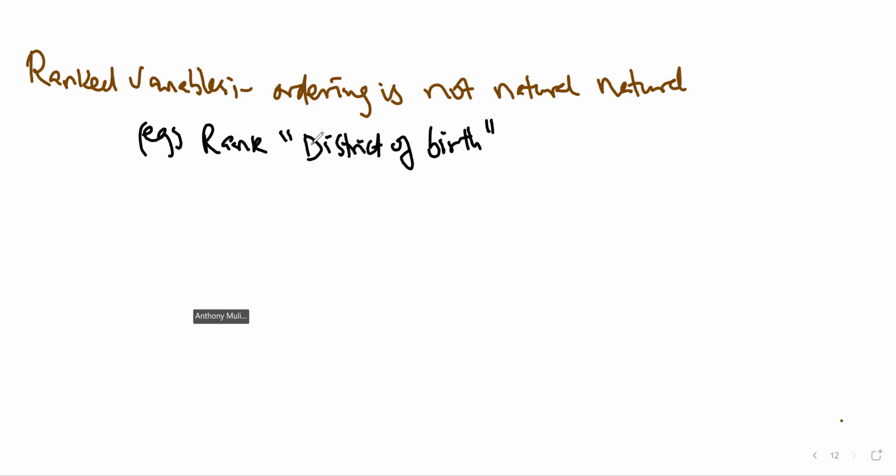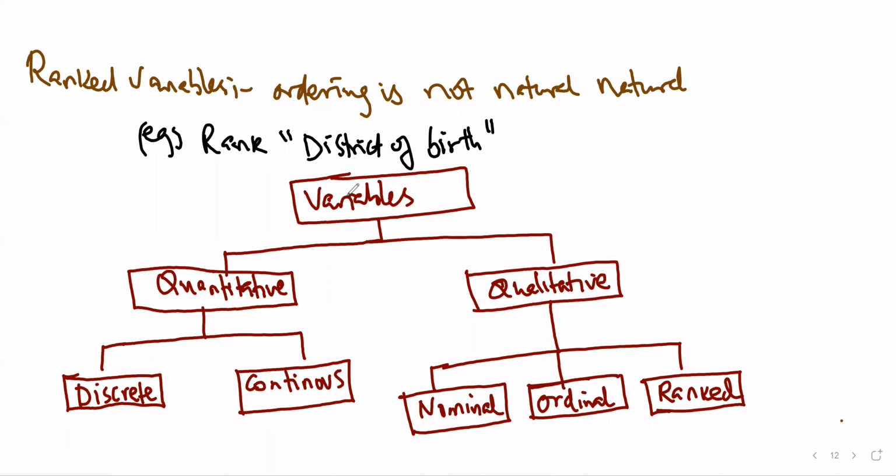I want us to summarize all that in a flow chart, like the one we did for statistics, and then we should be done for today's class. In summary, this is how we can classify variables into either quantitative or qualitative. Under quantitative variables, we have either discrete or continuous.